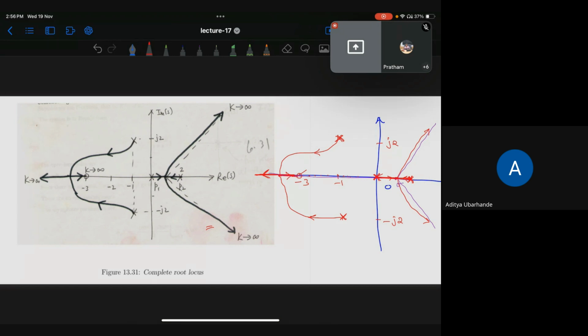This is where the poles are located, these are at k equal to 0. So the ending points are at k tending to infinity. Okay, so are there any quick queries, any doubts for drawing the root locus for a given open loop transfer function?